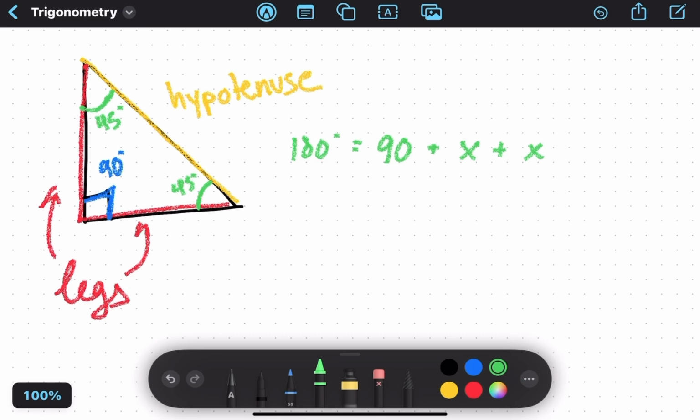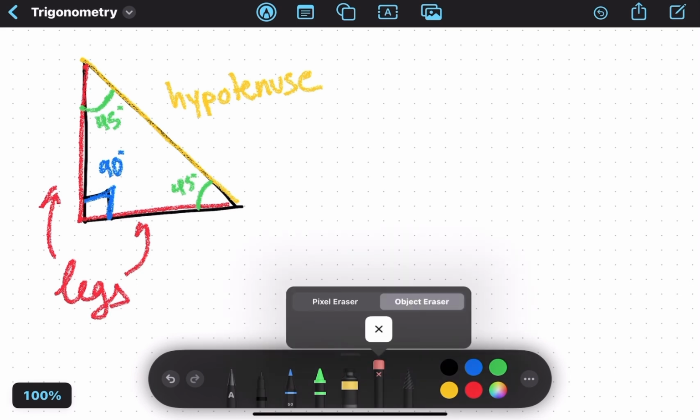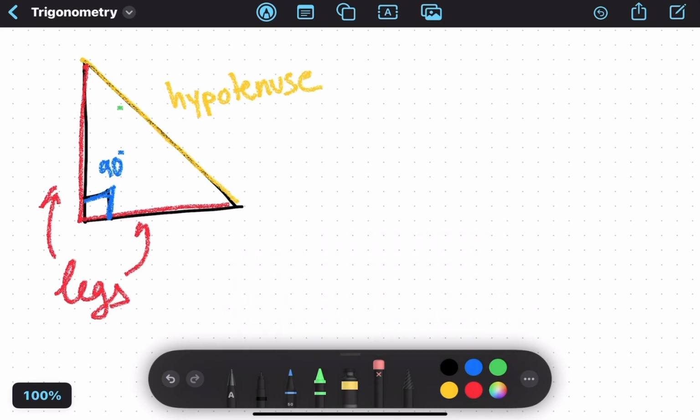No, I apologize. This is for isosceles right triangles. So if the legs are equal length, like I depicted here, then those angles are equal to each other. That would be an isosceles right triangle. But in other right triangles that are not isosceles, with differing leg lengths, the angles are different. So ignore that.